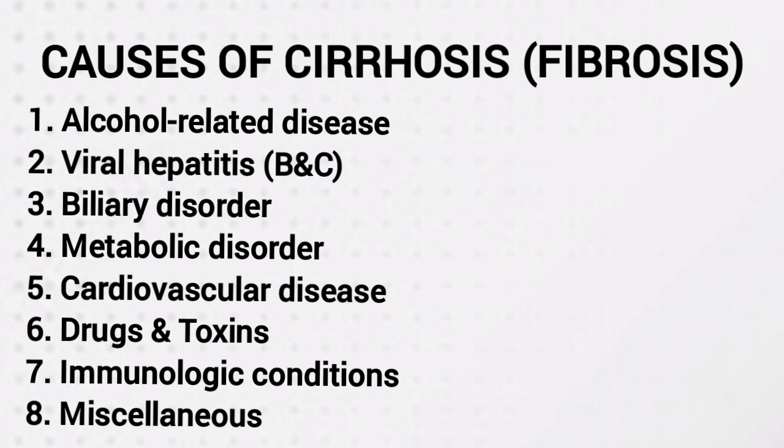Biliary disorders, primary biliary cirrhosis, chronic biliary cirrhosis, sclerosing cholangitis, all grouped under biliary disorders. Metabolic disorders, you have hemochromatosis, Wilson's disease, type 4 glycogen storage disease, alpha-1 antitrypsin deficiency, galactosemia, tyrosinemia.